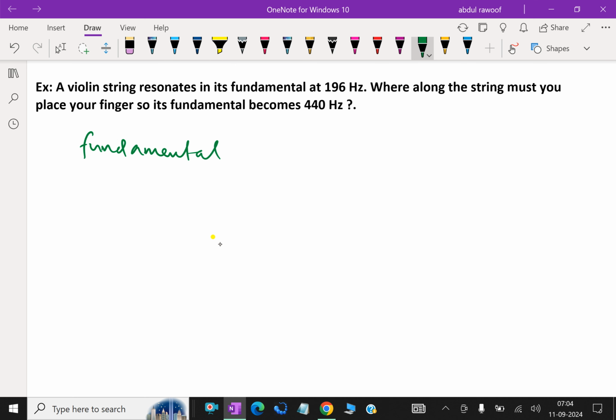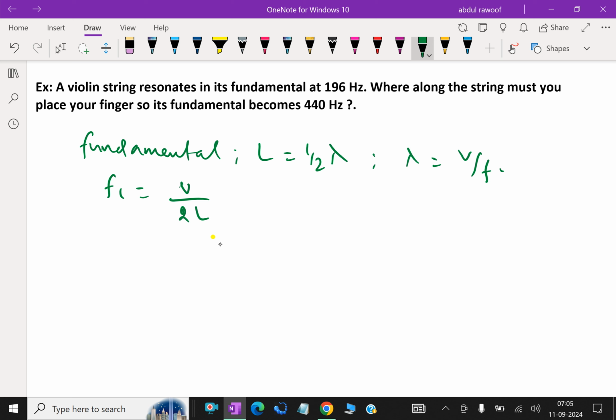In the fundamental frequency, you can say total length L equal half lambda for the violin, and lambda equal to v by frequency. We have fundamental frequency F1 is v over 2L.